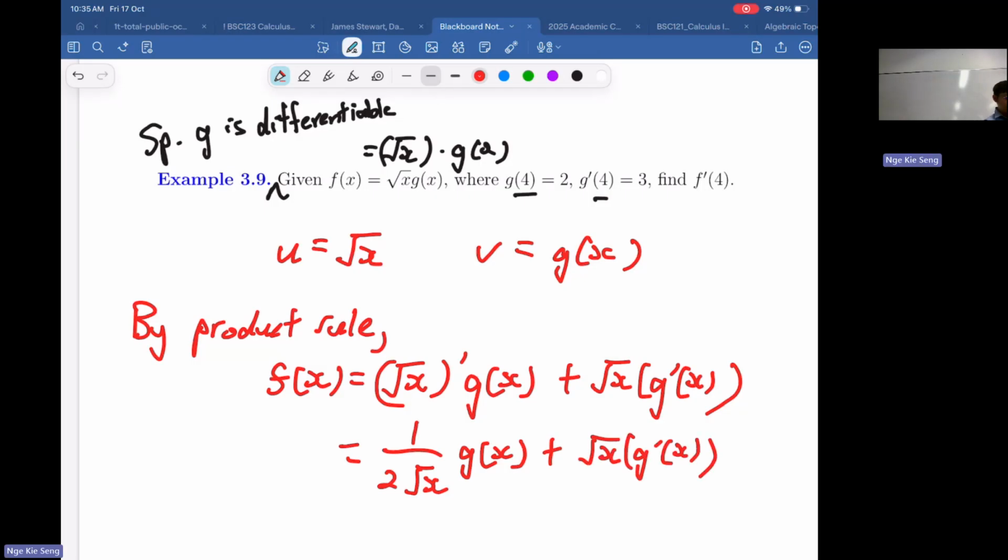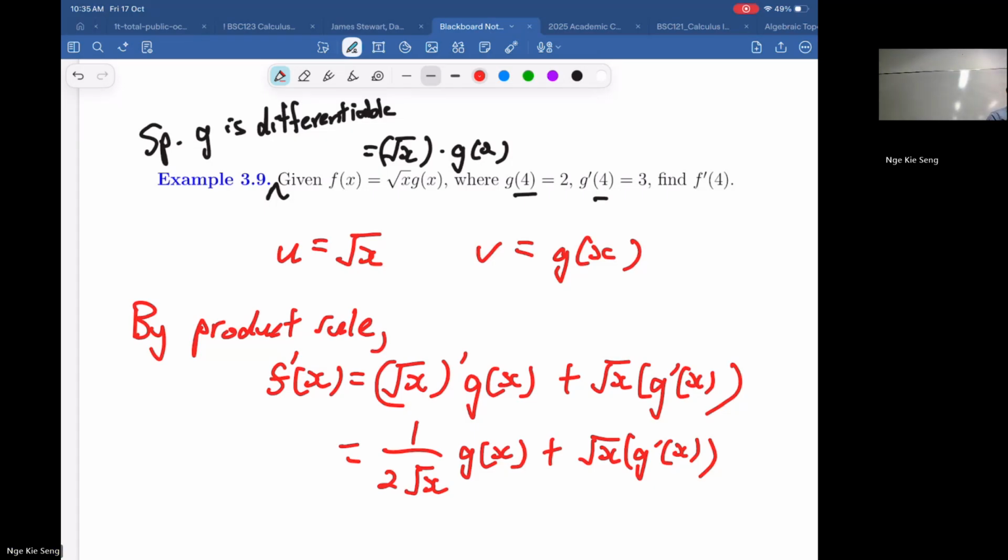Now the question asks you to find f'(4). So you substitute 4 for every x. That's why the question tells you what g(4) and g'(4) are, because it doesn't give you what g(x) is. You cannot compute it, so you can only check the value at x.